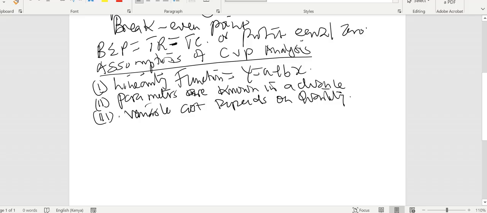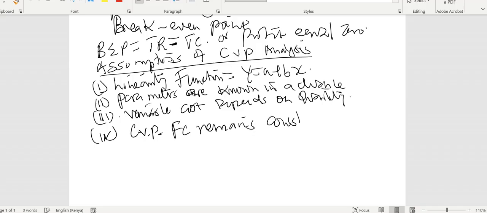Okay. Again we say here, number 4, the model, the CVP analysis, fixed cost remains constant.